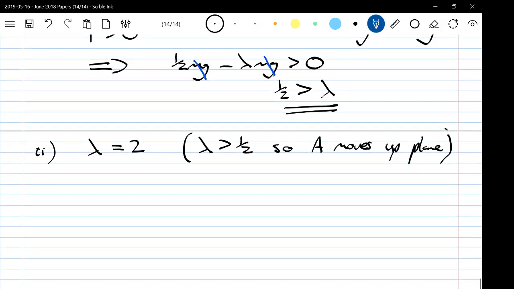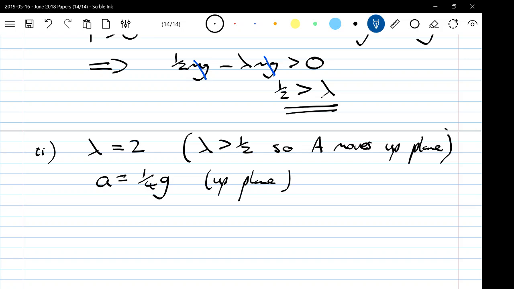And the acceleration is 1/4 g. So that acceleration is an acceleration up the plane. So B is going to move down. We now need to find the exact value of mu.